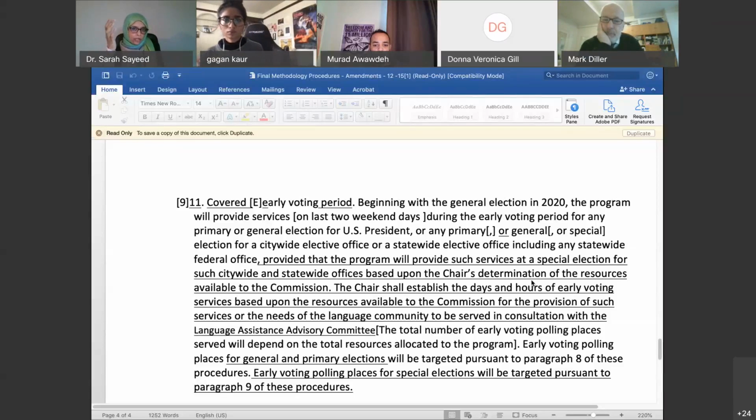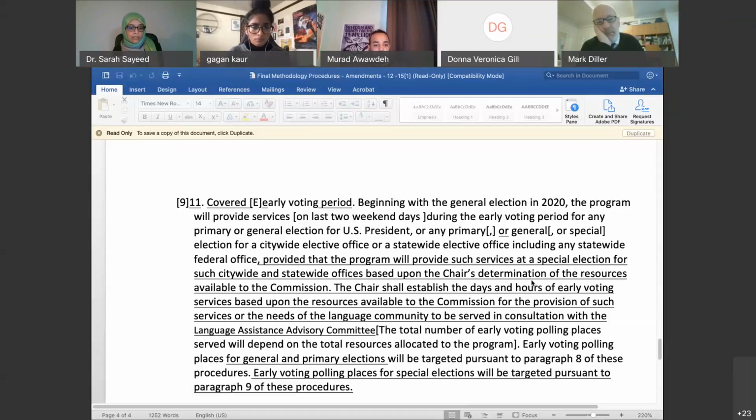We're looking at, for example, how many people speak Russian across the entire city. And that is what determines that Russian is a language that is served, as well as the proportion of services that go to Russian. Those are citywide estimates. So applying those estimates to an election that covers president or citywide elective offices makes sense, because it's covering the whole city.